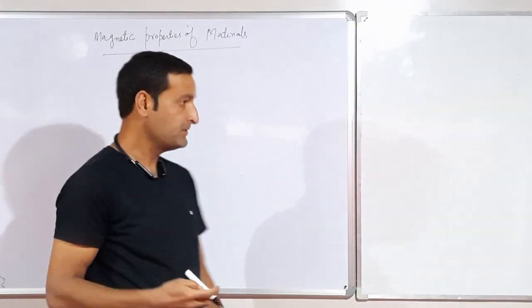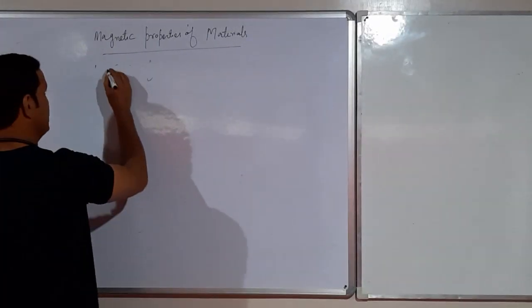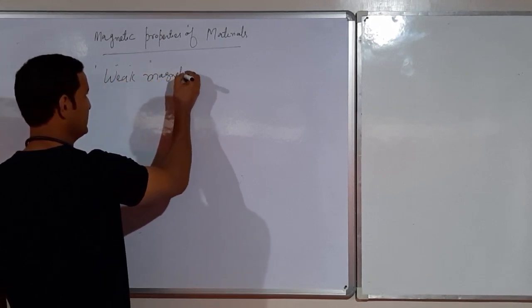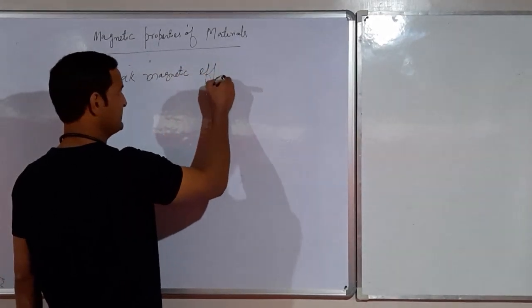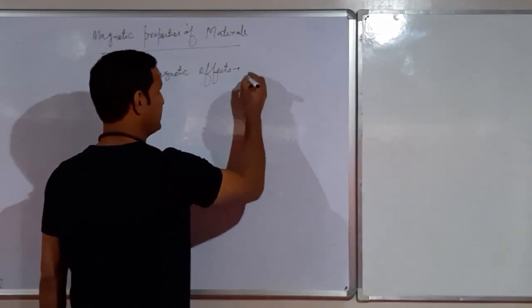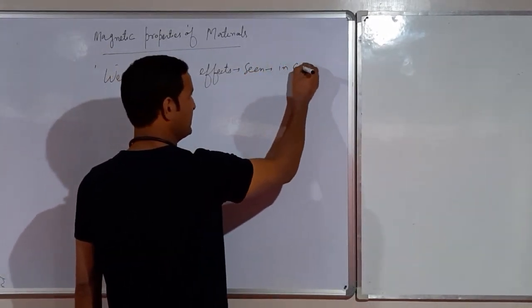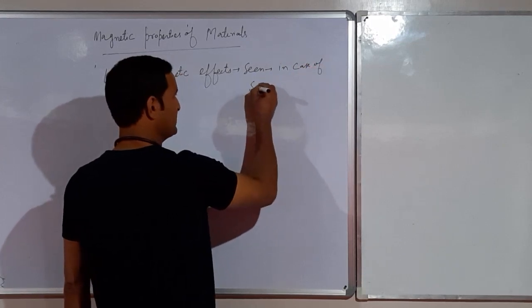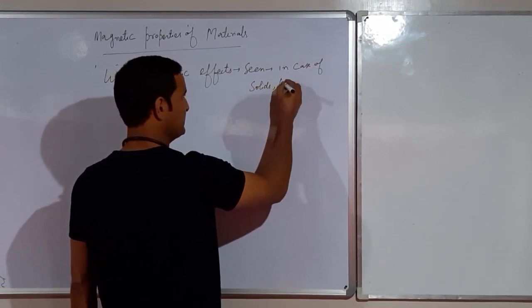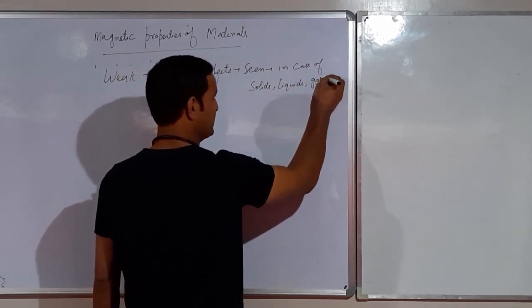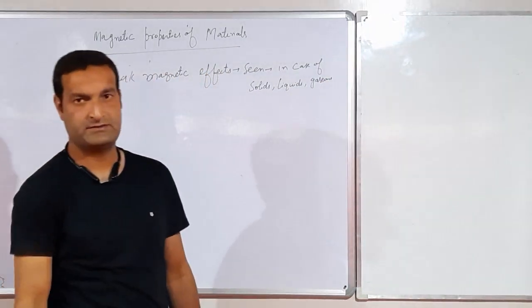So, regarding the magnetic properties of materials, first of all, weak magnetic effects can be seen in case of solids, liquids, as well as gaseous materials.